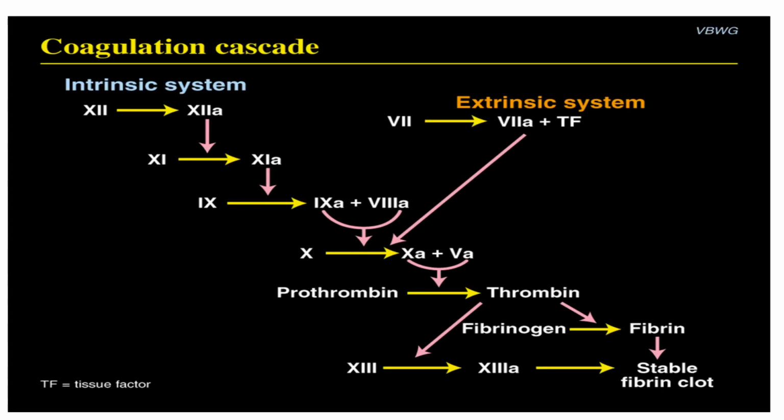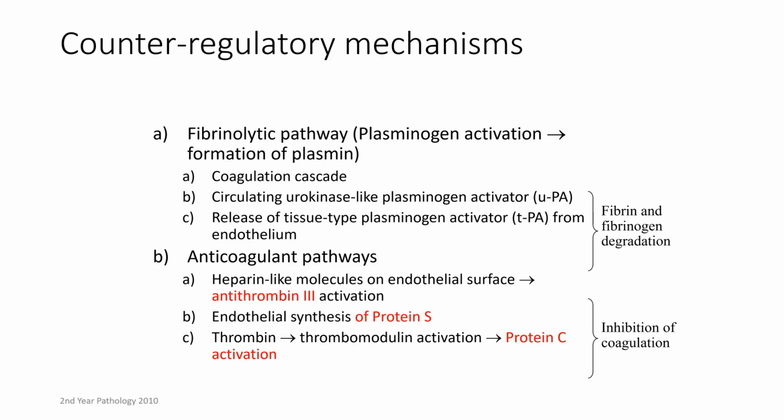So what are the counter-regulatory mechanisms that help to prevent hemostasis or clot formation? One, we have the fibrinolytic pathway, which is mediated by urokinase-like plasminogen activator and tissue type plasminogen activator.